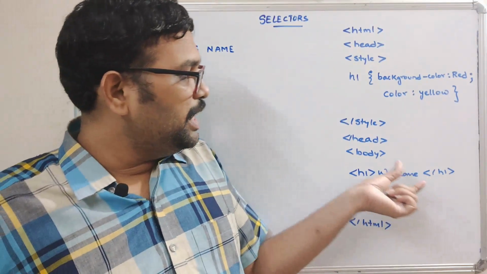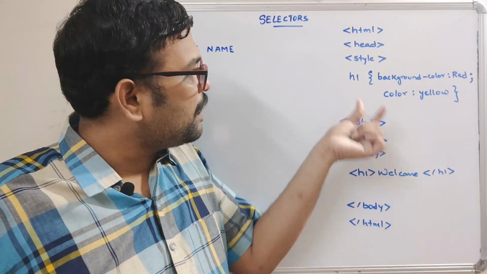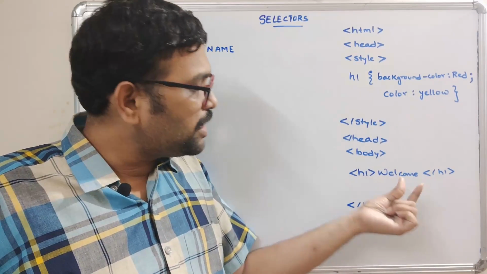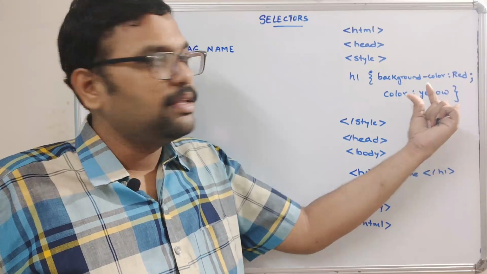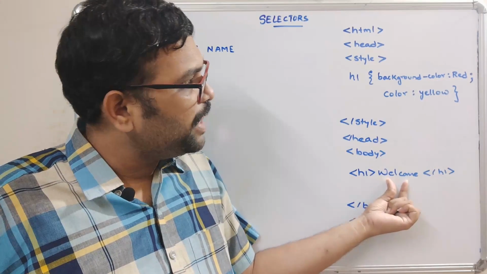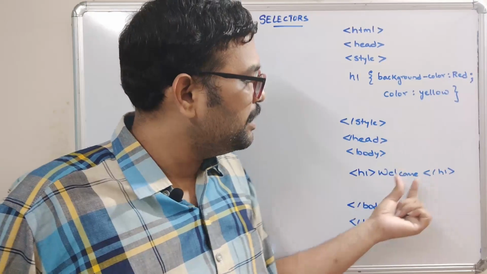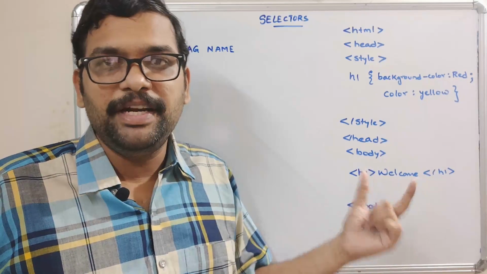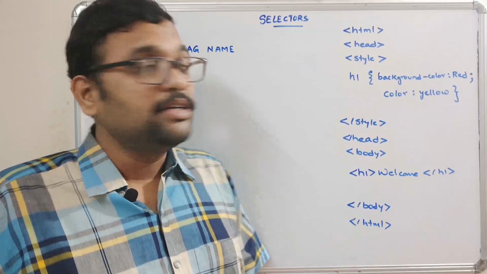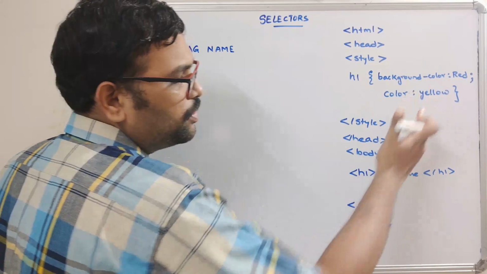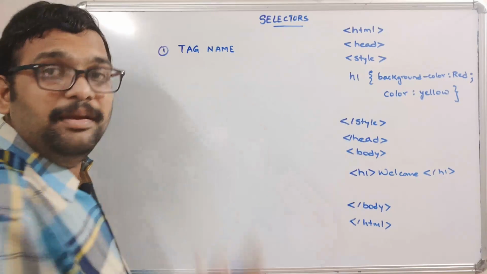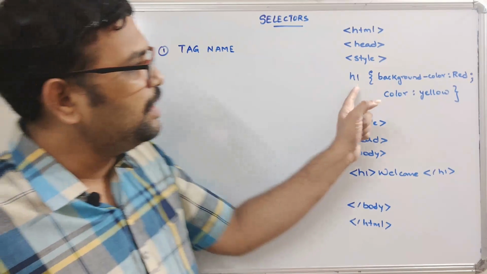Now in our body, wherever we are writing this h1, for that particular content this style will be applied. That means here the welcome will have a background color red and the font color yellow. That will be displayed on this web page, right? So we are applying the CSS to the tag by using the tag name.